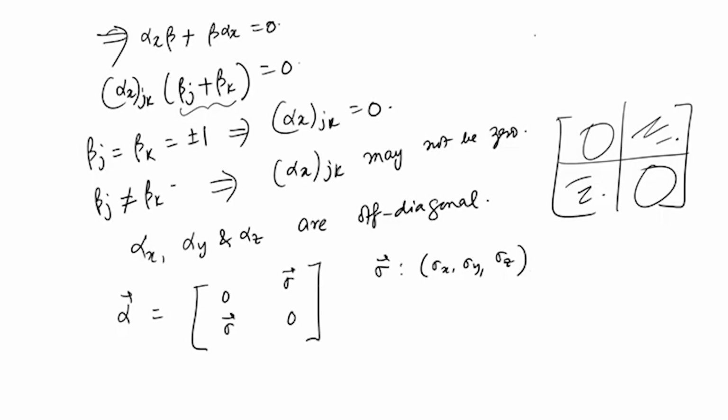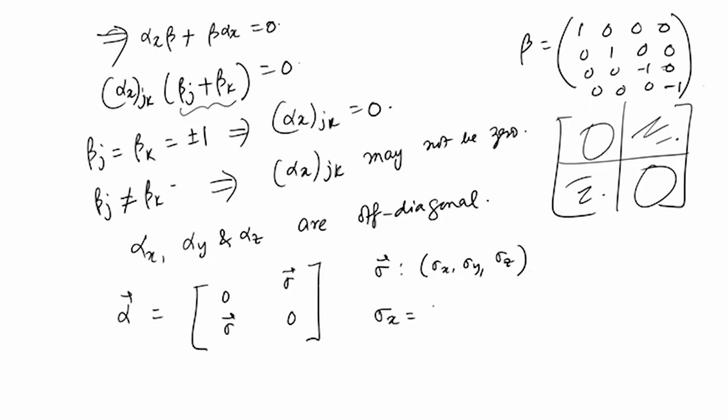So, beta is then equal to 1 0 0 0, 0 1 0 0, 0 0 minus 1 0, 0 0 0 minus 1, and these alphas will be formed by these 2 by 2 matrices, which are sigma x, sigma y and sigma z.